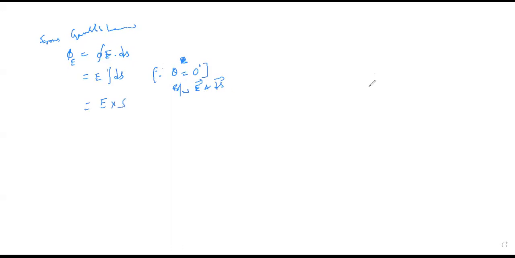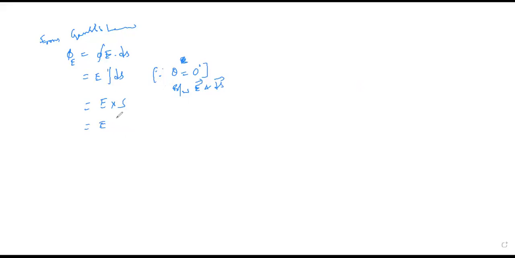So that means here you will get E into S. Now, what is the surface area of the cylinder with length L, in the same figure which we have taken?